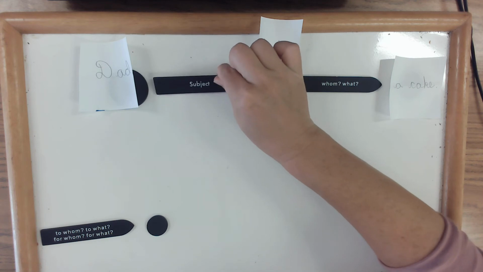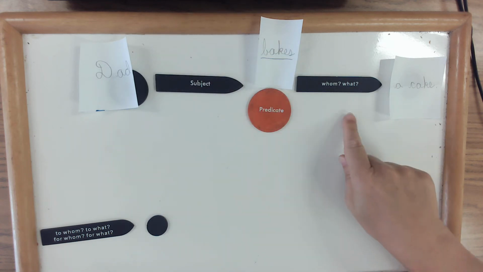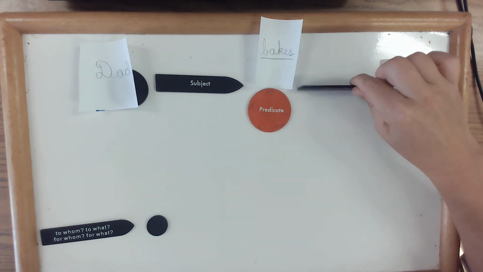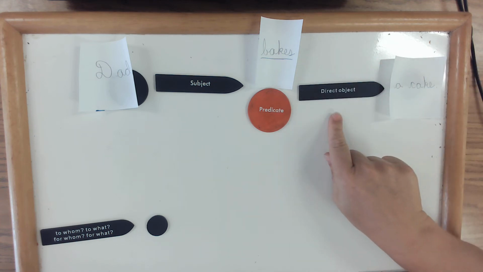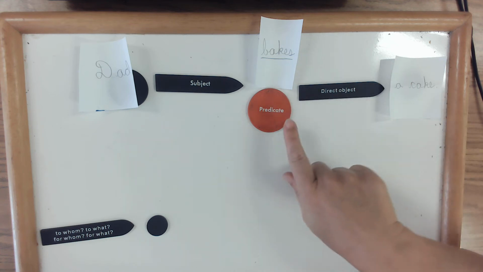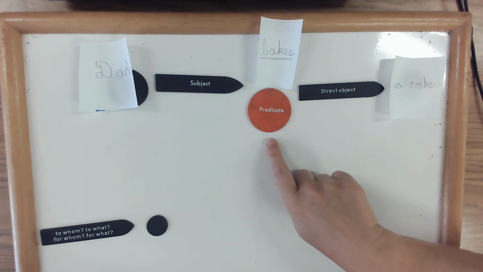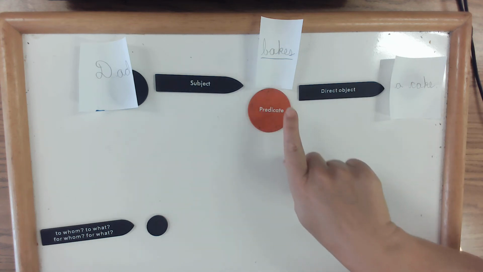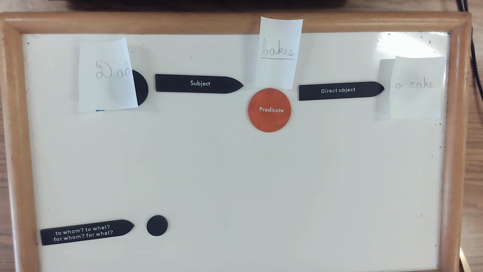Dad is the subject. Now this is a new one. This is the direct object. The direct object is the noun in the sentence that receives the action from the predicate. Dad bakes a cake.